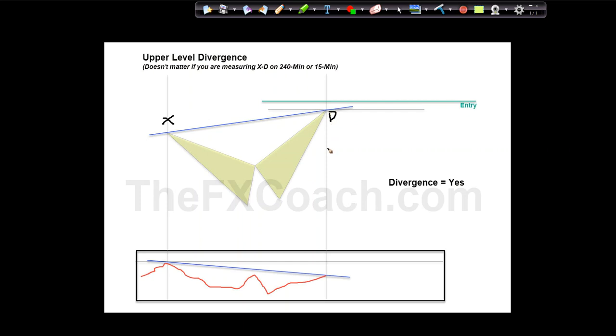When you measure the XD on a 15-minute scan, so this is a 15-minute scan, when you measure it using the XD, the scan is 15-minute, but you're measuring the highs at the upper level.